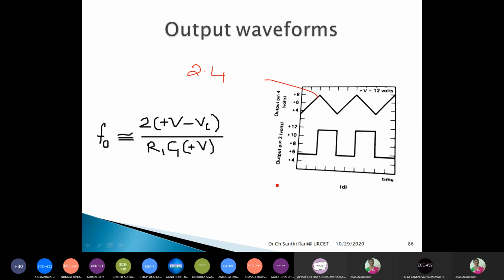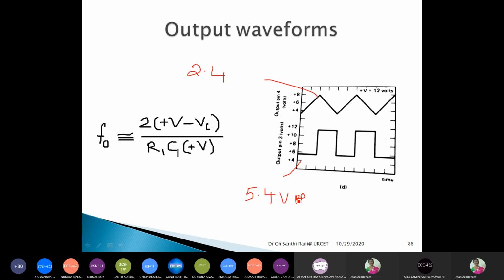Similarly, the typical output magnitude of the square wave is 5.4 volts peak to peak. So the amplitudes of the output triangular wave and square wave are 2.4 volts and 5.4 volts peak to peak from this voltage controlled oscillator IC, which is also named IC 566.